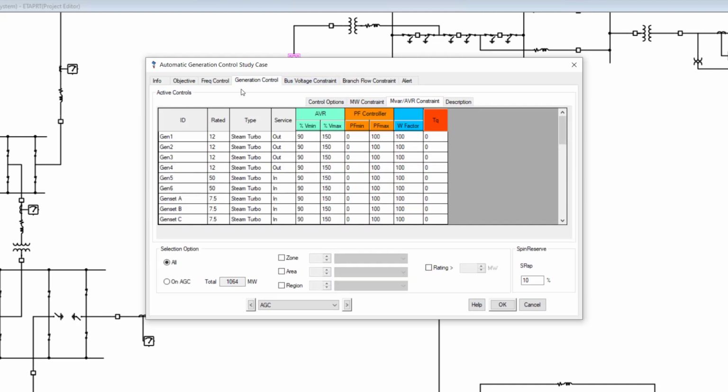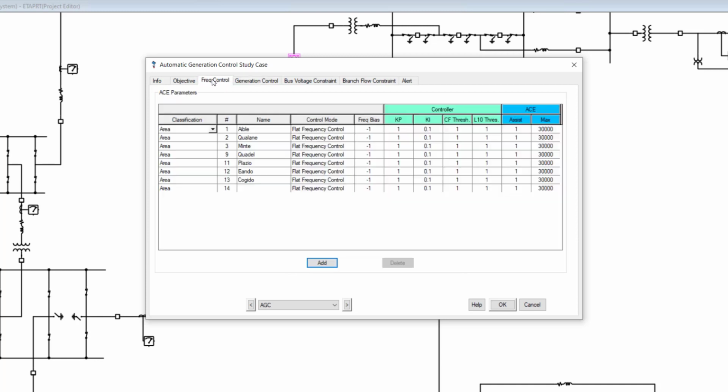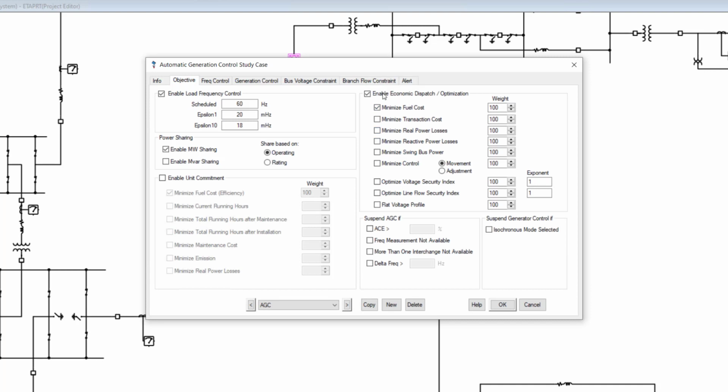So the setup for economic dispatch is the same as optimal power flow. It allows you, however, the flexibility to not just do real and fuel cost optimization, but you can mix between any other optimization when you are running in real-time mode.